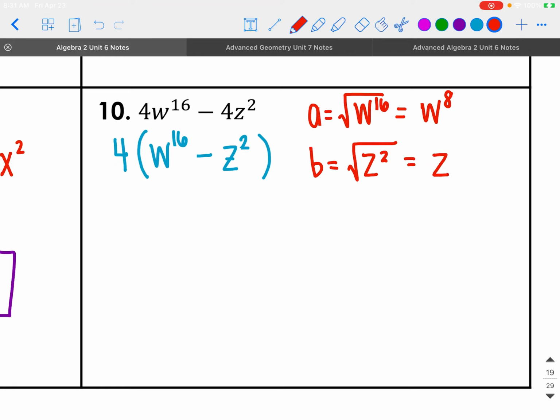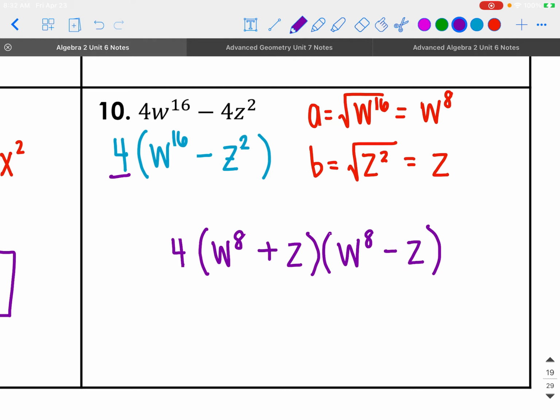And my B is the square root of Z squared, which is just Z. So my final answer, we have to bring our GCF, and then we have W to the 8th plus Z, W to the 8th minus Z.